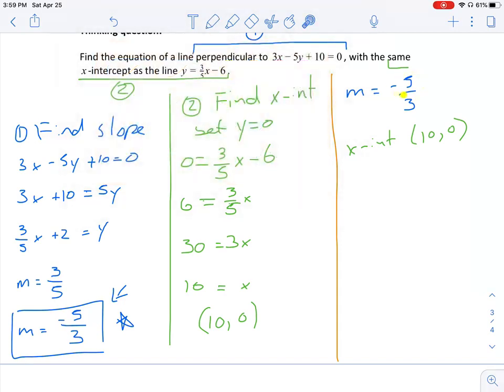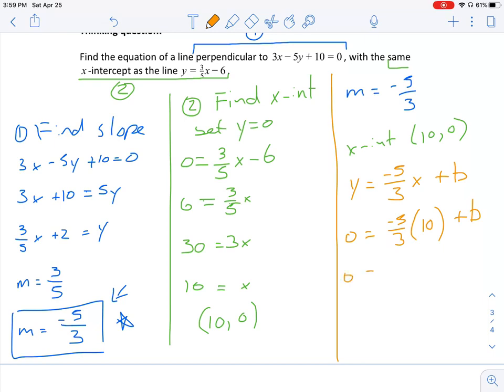I have my slope and I have my point, just so happens to be the x-intercept, into the equation. Y equals negative 5 over 3x plus b. Well, my y value is 0. Negative 5 over 3 times 10, that's my x value, plus b.